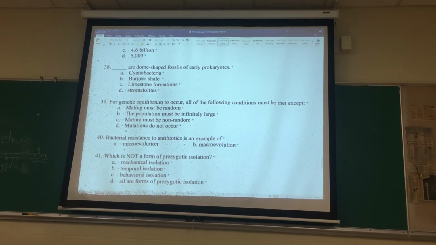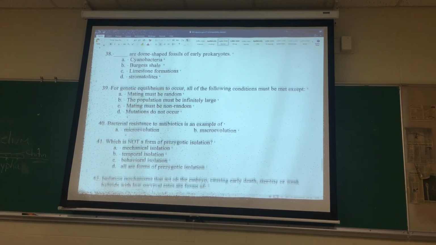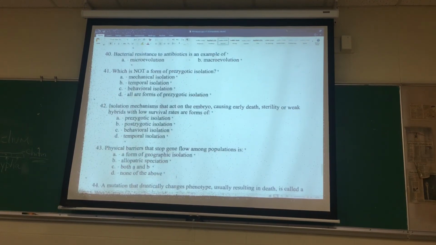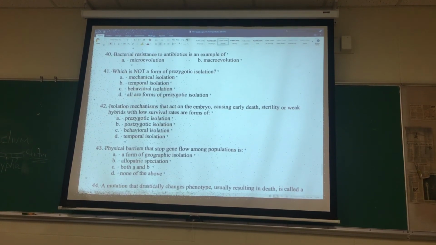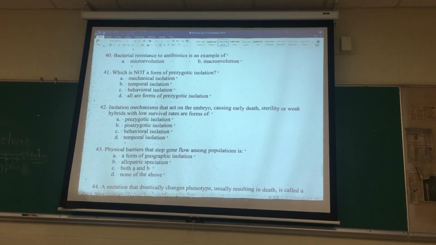All of these are forms of pre-zygotic isolation. Okay, if there does have to be fertilization, but the embryo doesn't survive or is sterile, that's a form of post-zygotic isolation.